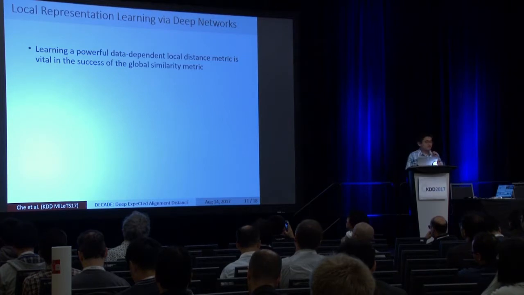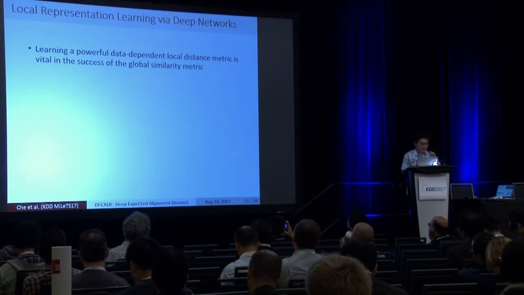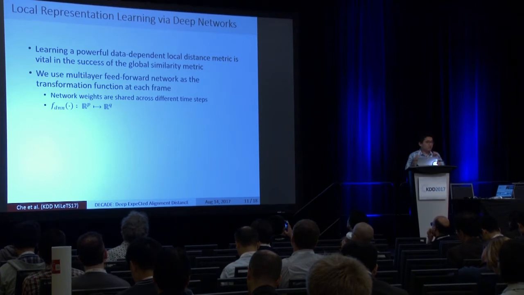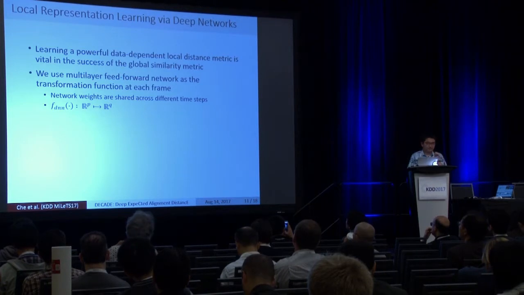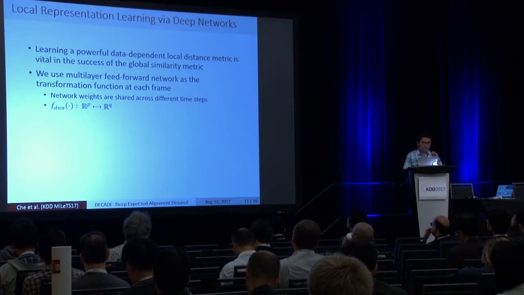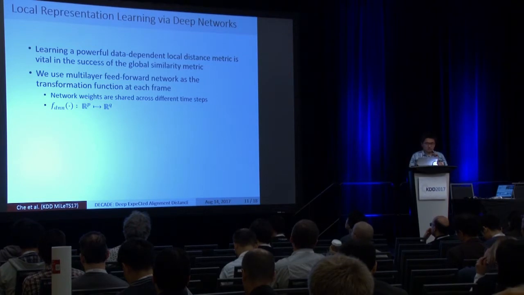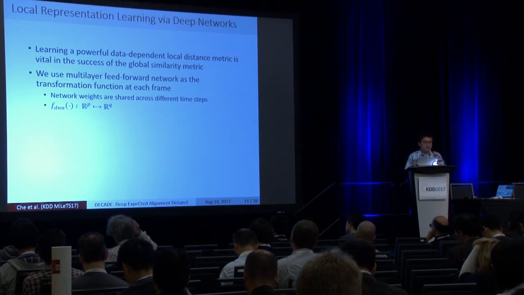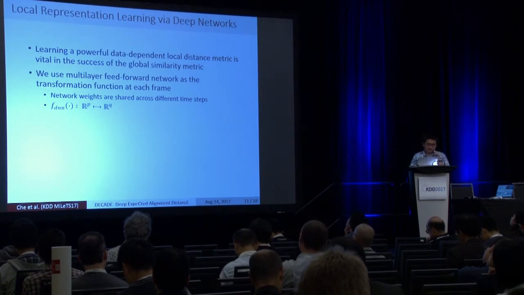Given the definition of the expected alignment, the next step is how we can learn the local distance very efficiently. The good thing is we have powerful deep learning models, which can be incorporated into the expected alignment framework seamlessly. Here, we use a multi-layer feed-forward network as the transformation function at each time frame. The network weights are shared across different time steps, so it can be treated as a recurrent neural network with no connection between time steps.